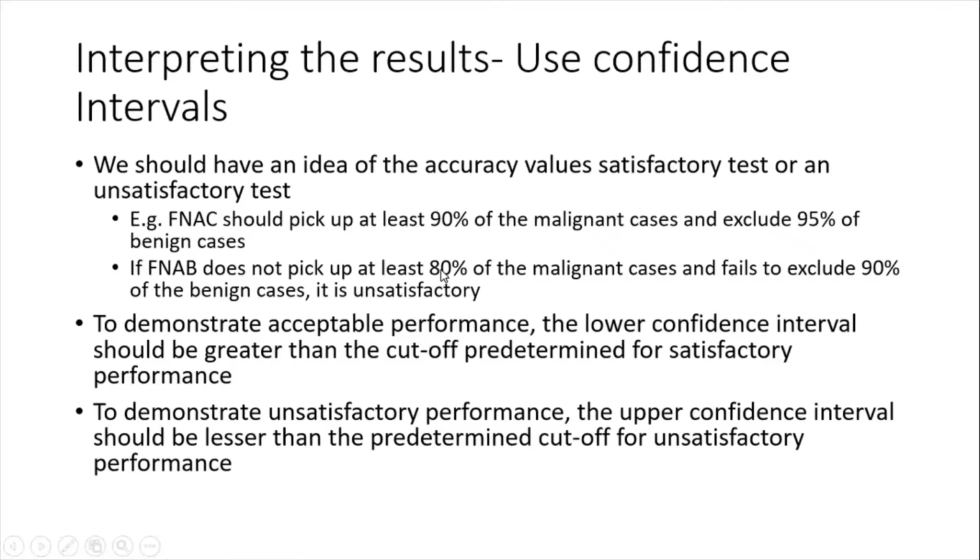And for this, the upper confidence interval of the sensitivity should be less than 80%, or the upper confidence interval of the specificity should be less than 90%. So, to demonstrate unsatisfactory result, we use the upper confidence interval generally. To demonstrate satisfactory results, we use the lower confidence intervals.